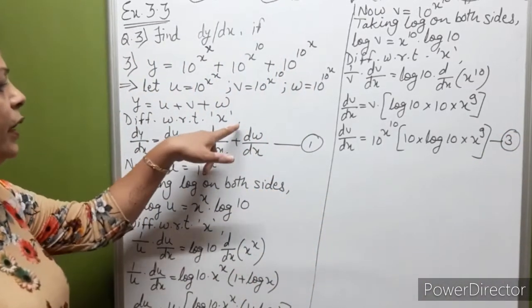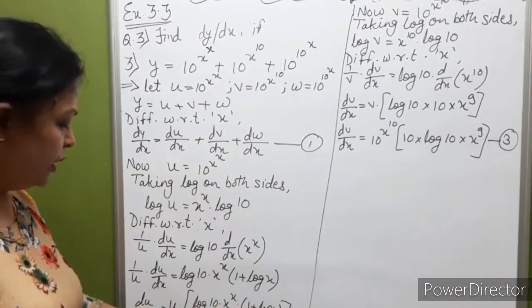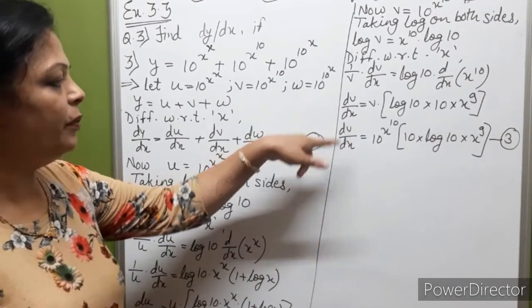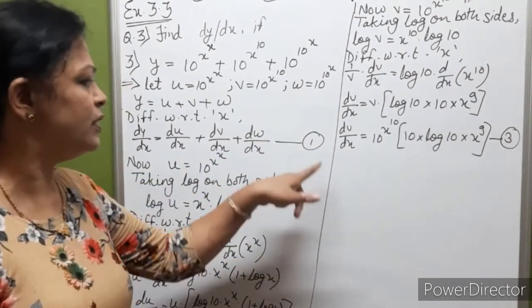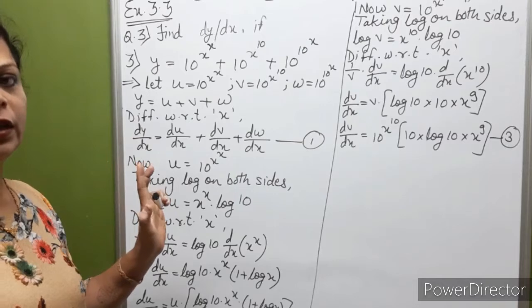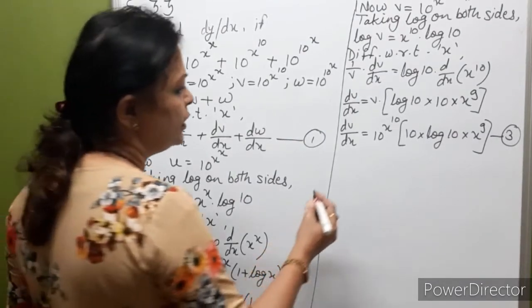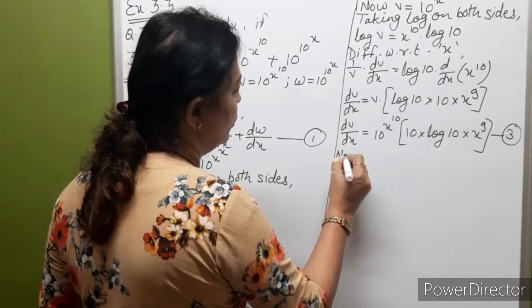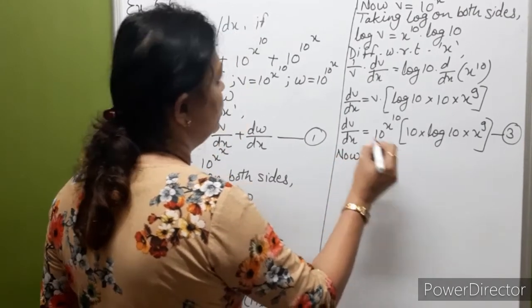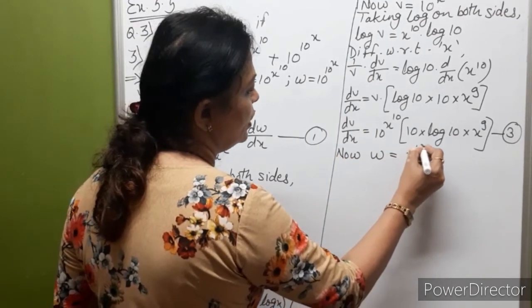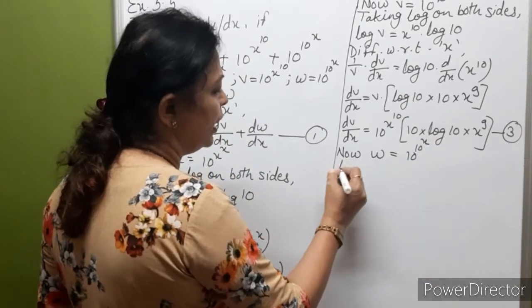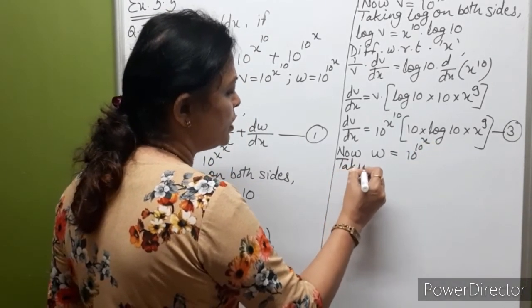And then we have to find dw by dx. And all this du by dx, dv by dx and dw by dx we will substitute in equation 1. That will give you dy by dx. Correct? So now what is w? W is 10 raised to x. So again take log on both sides.